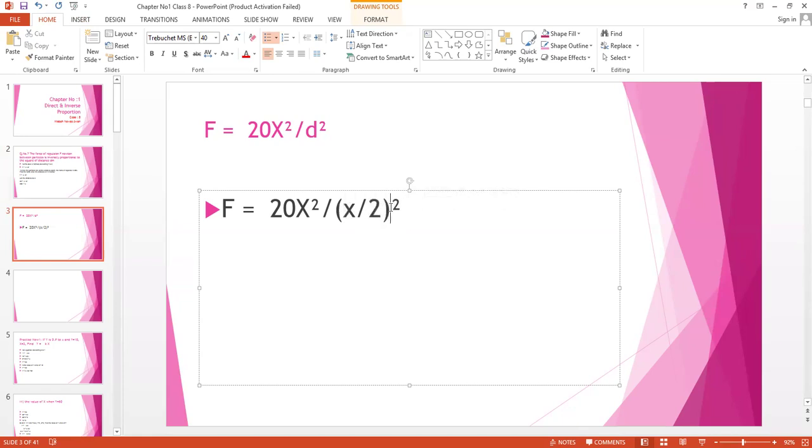So it is equal to x square over 4. First I have to take its square. So d square means (x by 2) square. So it is equal to x square by 4.